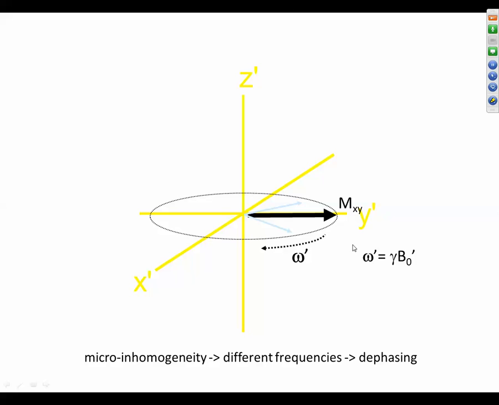So B0 is a small range, and the precessing frequency is a small range. Some precess a little bit faster and some a little bit slower. So after some time, dephasing happens because they rotate at different rates. Their phases are different, and this is called dephasing.